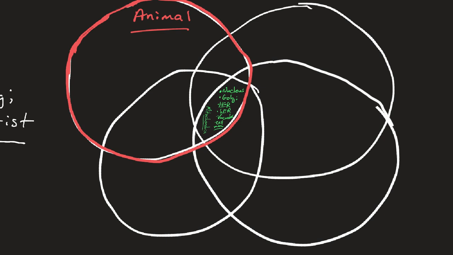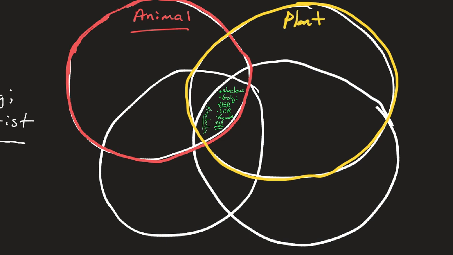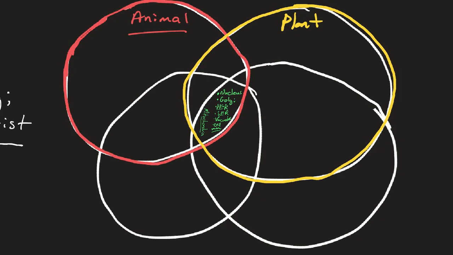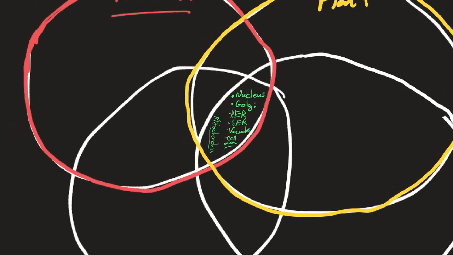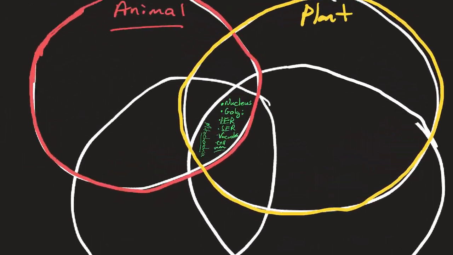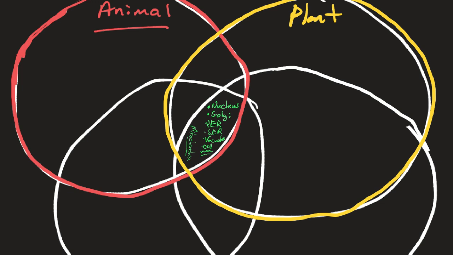So if we would do a plant cell, plants have all of those. They all share all those in common.